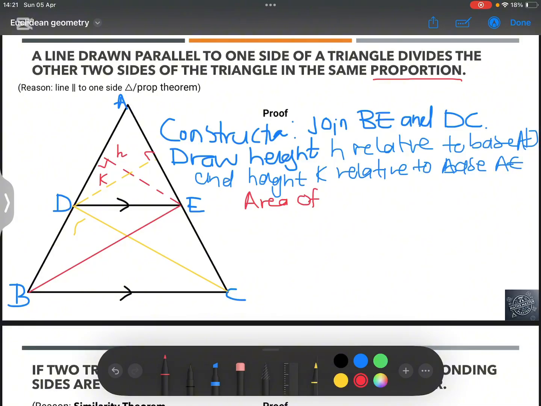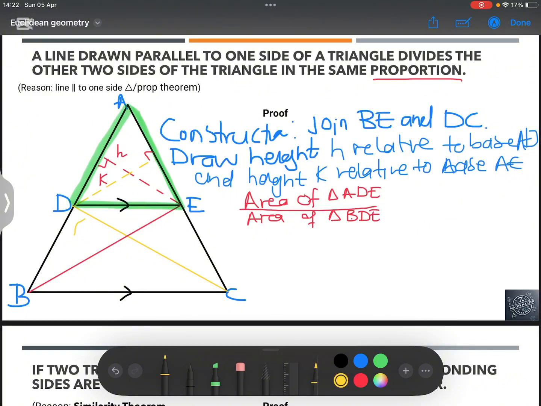Area of triangle ADE, this triangle ADE, and then divide by the area of triangle BDE.